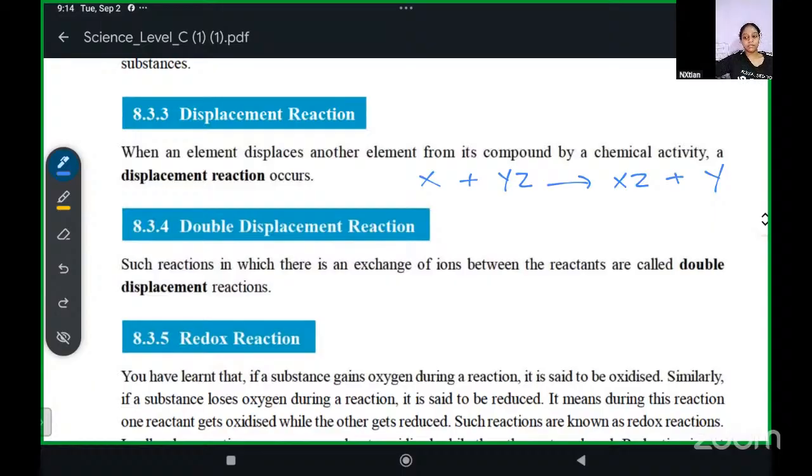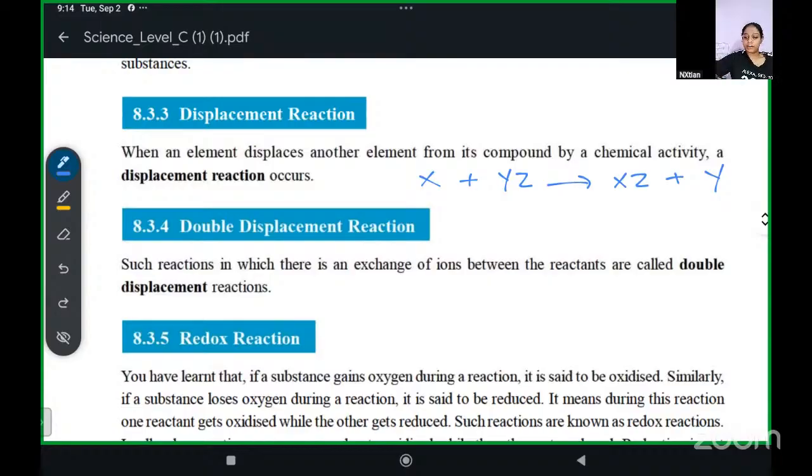The reactive elements come together and the non-reactive elements go away, right, ma'am? Yes, Abraham.